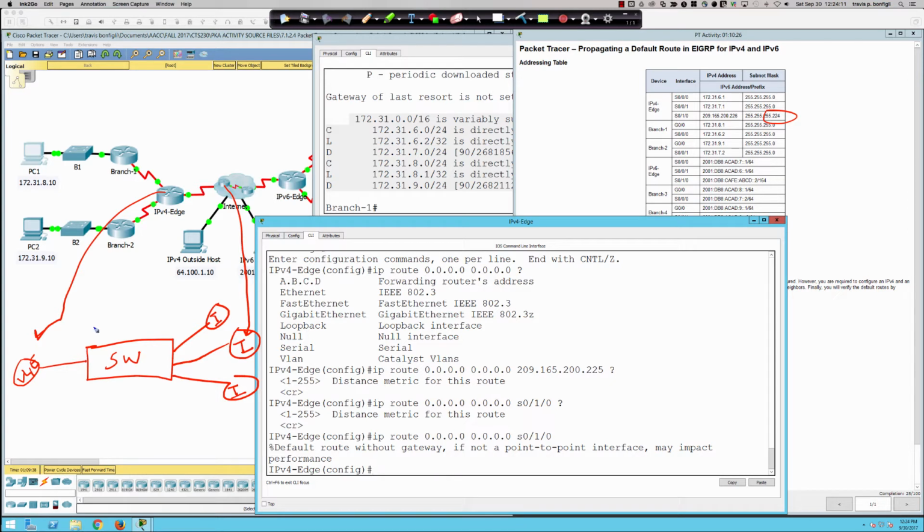And if I simply say default gateway, and just send traffic here to this interface, we may end up needing to ARP to find the correct outgoing interface, right? So if it went into a switch and this was a multi-access segment, a broadcast segment, we could have some performance impact because there may be some ARPing that has to take place, that address resolution protocol, because we configure the interface, but we don't tell it the IP.